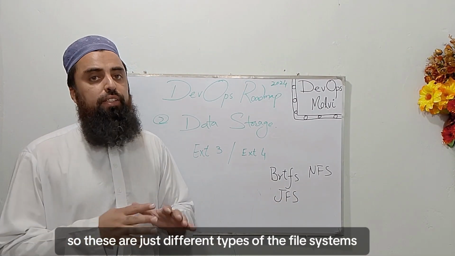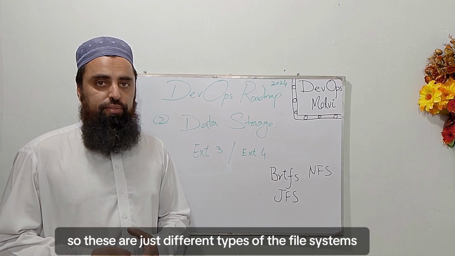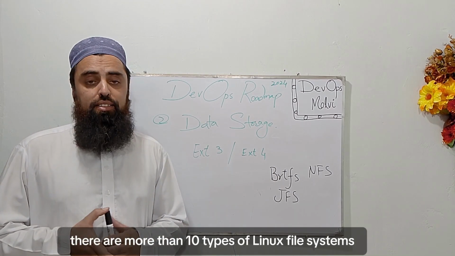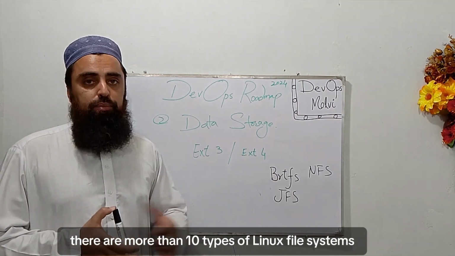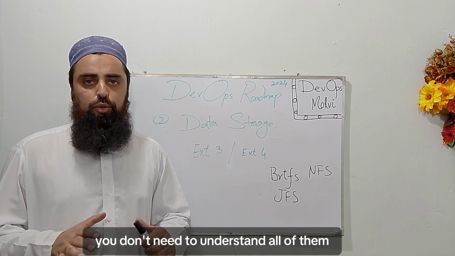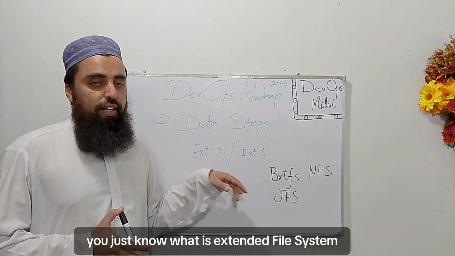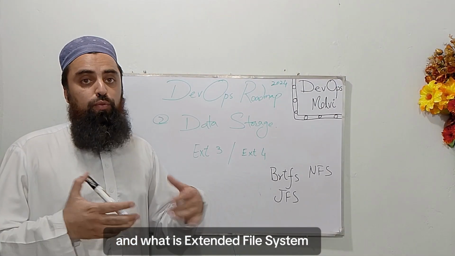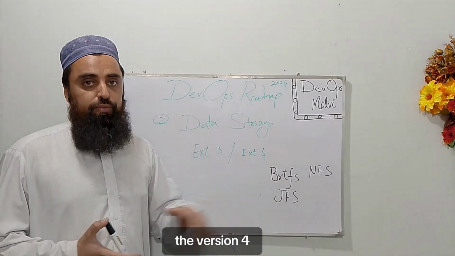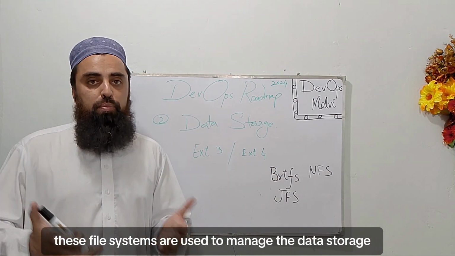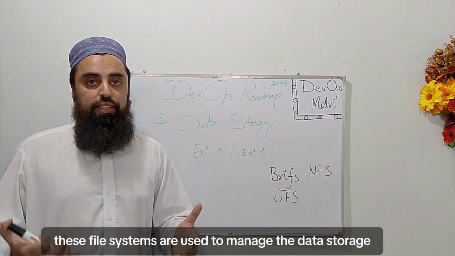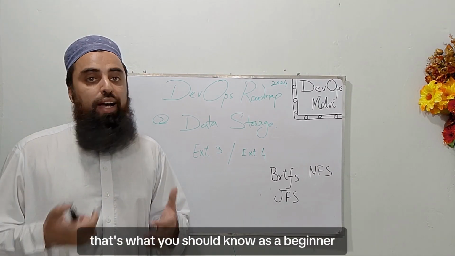So these are just different types of file systems. There are more than 10 types of Linux file systems. As a beginner, you don't need to understand all of them. You just need to know what the extended file system is and what version 4 is. These file systems are used to manage the data storage on a Linux server. That's what you should know as a beginner.